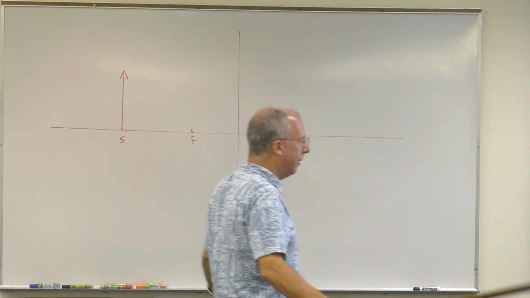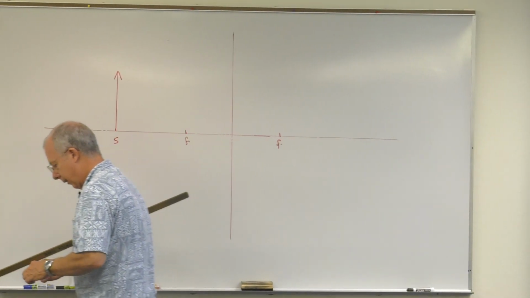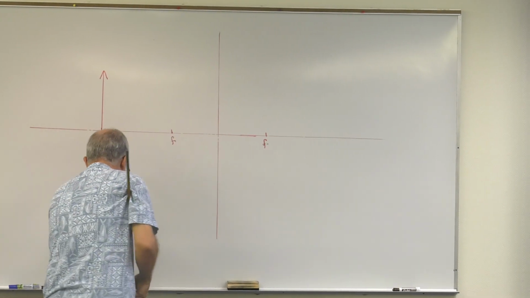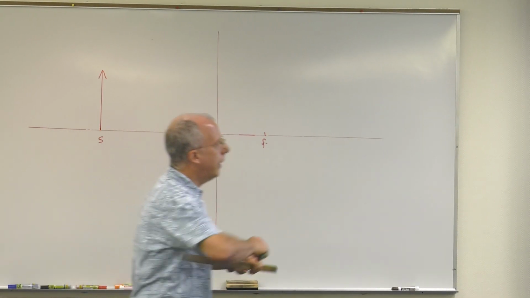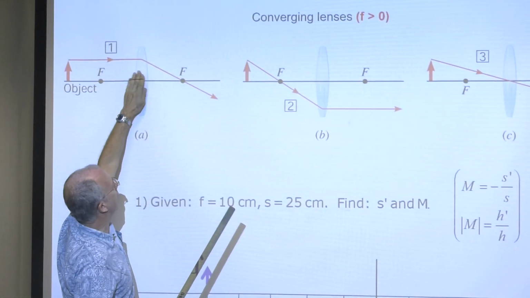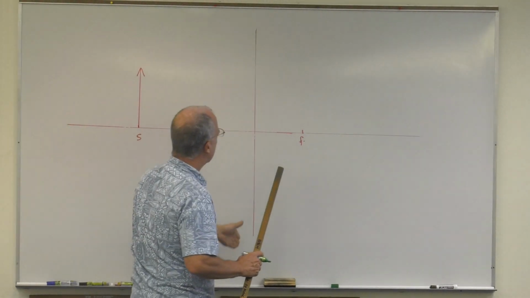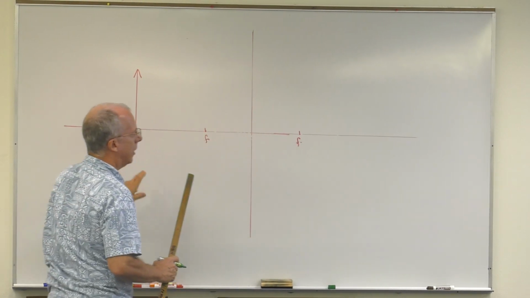Now just do it, okay? So let's do this one first. All right, so the first one is parallel in, focal out. So what's this in, out? I mean, in is coming toward the lens, out is going away from the lens. That's what I mean. All right, so again, lens, focal points, object.